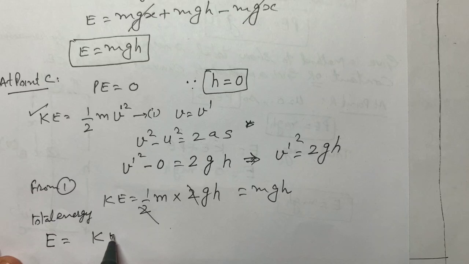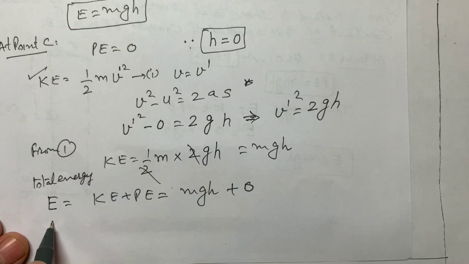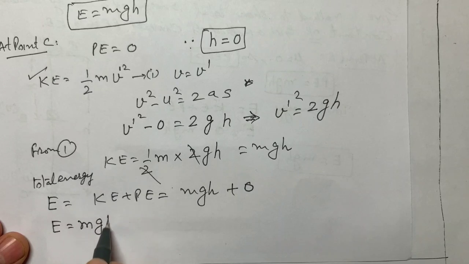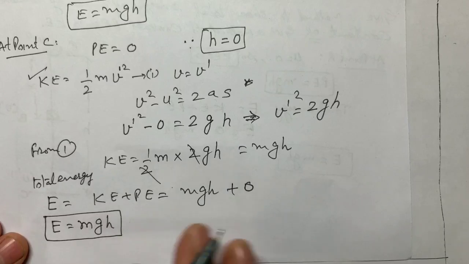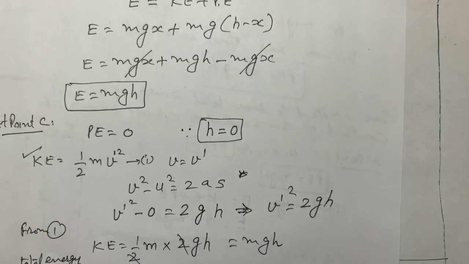Total energy is equal to kinetic energy plus potential energy. So kinetic energy is mgh plus potential energy is 0. So we can say that at point C, that is the ground level, again total energy is equal to mgh. Hence we can say that the total energy of the freely falling body remains constant.